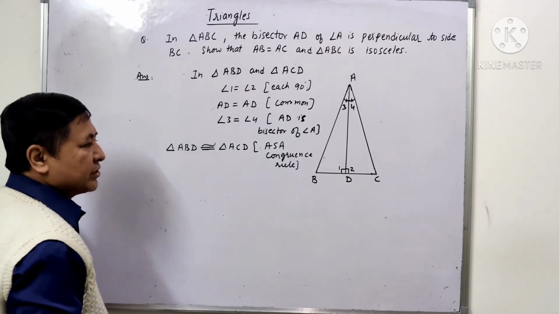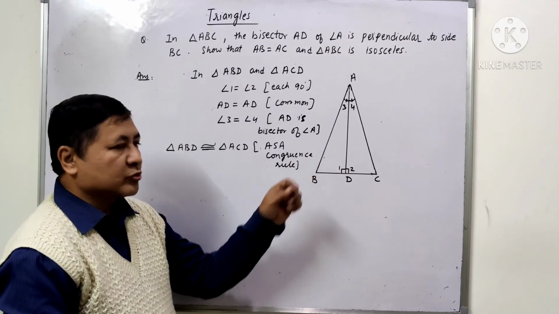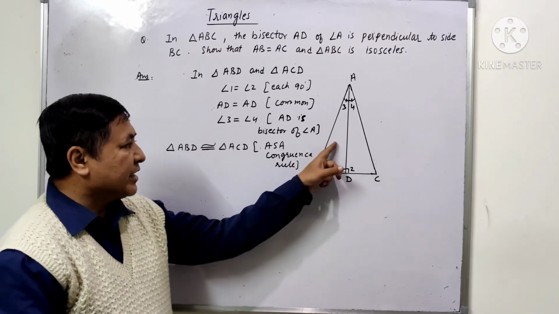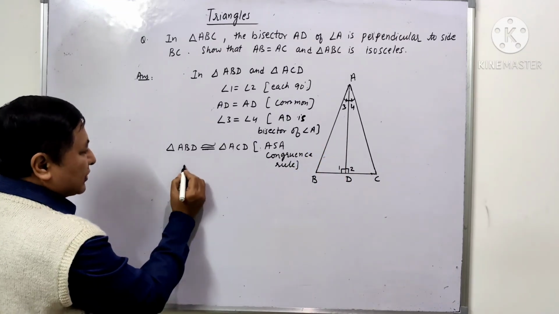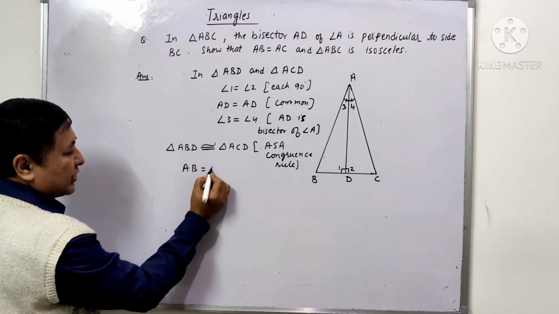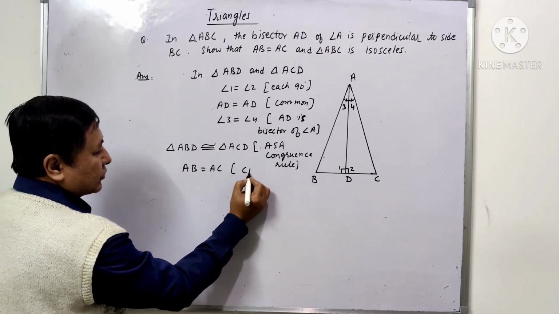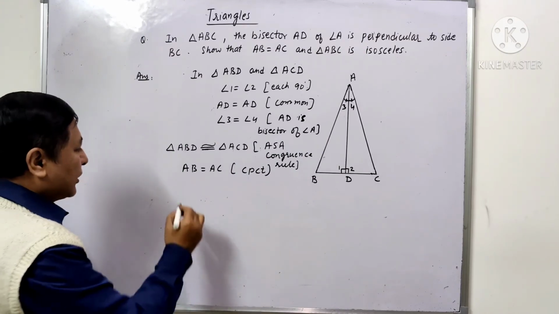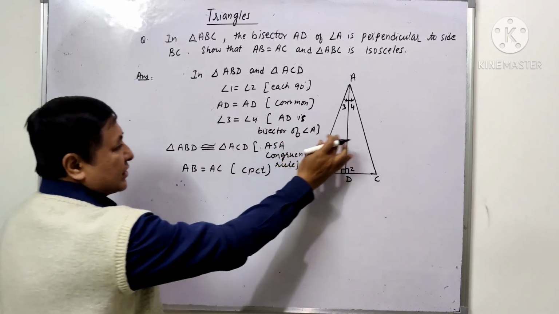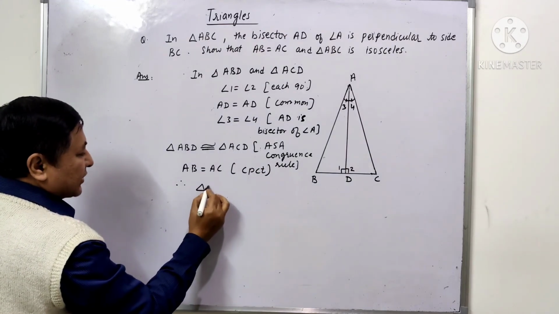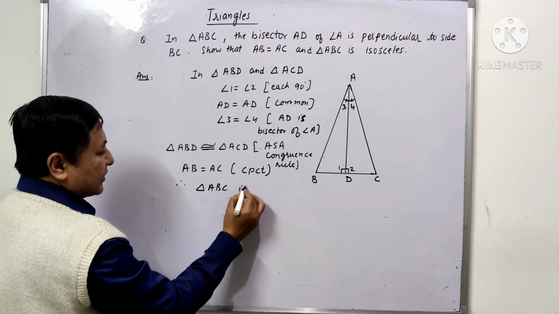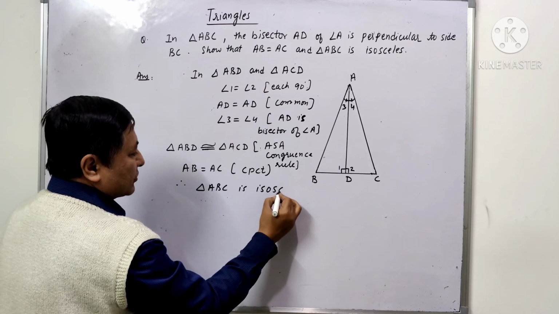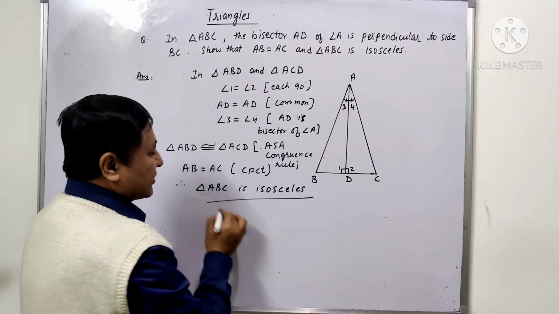Since these two triangles are congruent, their corresponding parts will be equal, that means AB and AC both will be equal. So AB is equal to AC, and that is due to CPCT, that means corresponding parts of congruent triangles. Therefore these two sides are equal, therefore we can say that triangle ABC is isosceles. So this is what we had to prove.